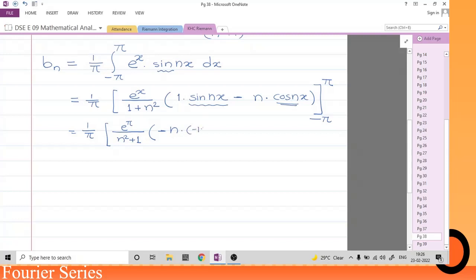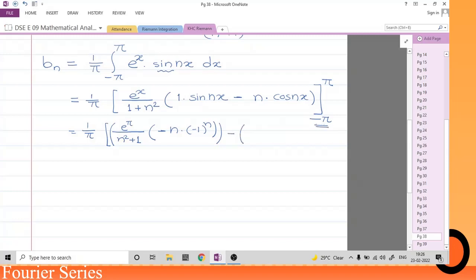Cos n pi is minus 1 raised to n, or otherwise you can keep cos n pi as it is. This is for the upper limit. I will keep a bigger bracket for this. This is the upper limit minus, now the lower limit.